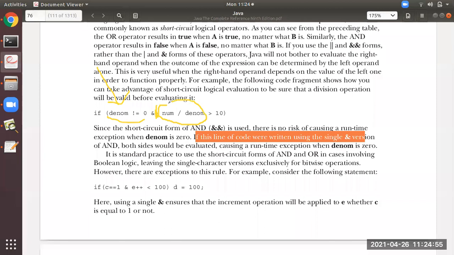The number gets divided by 0, so it will cause a runtime error. In order to remove this kind of confusion, the short circuit AND can be used.